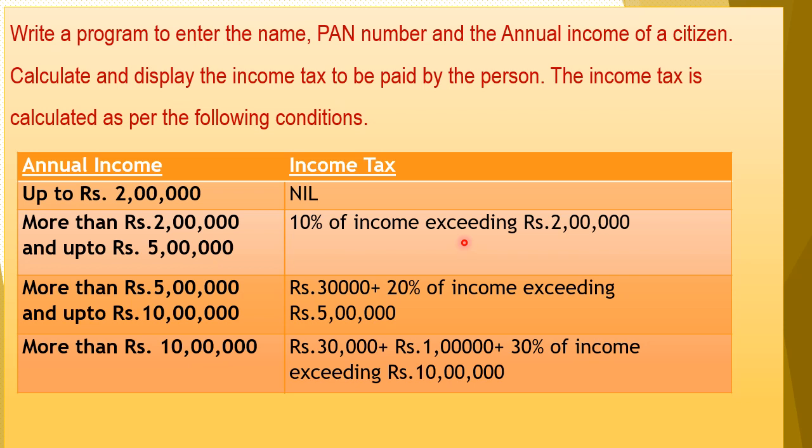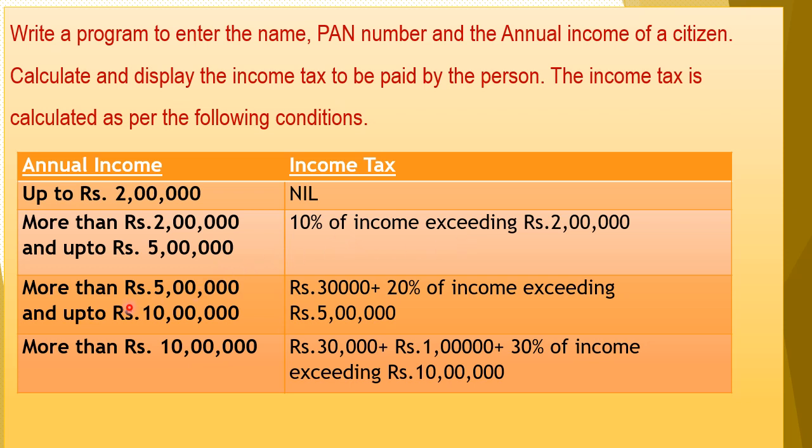If the annual income is 3 lakh, that means he has to pay a tax of 10% of 1 lakh. That is 3 lakh minus 2 lakh. The income exceeding 2 lakh is 1 lakh. So 10% of 1 lakh, that means 10,000 rupees the person has to pay.